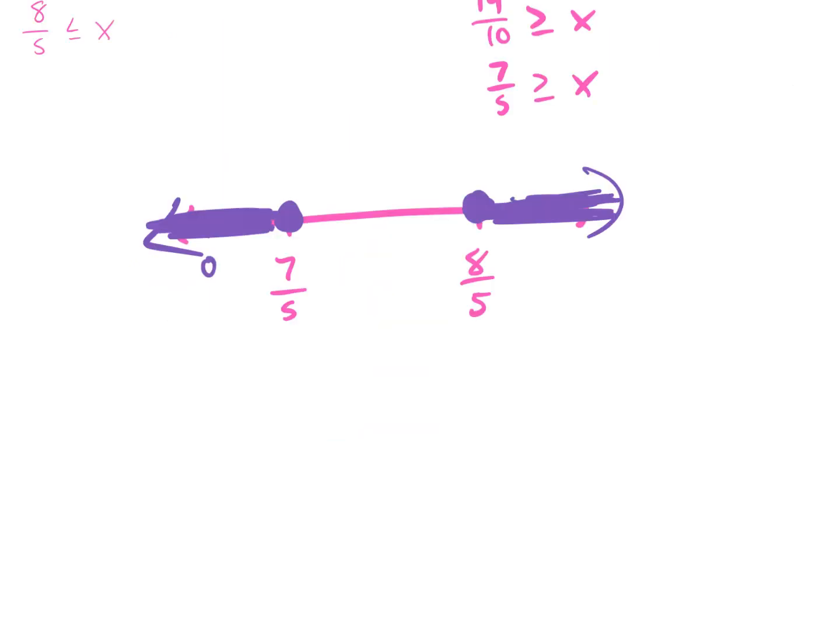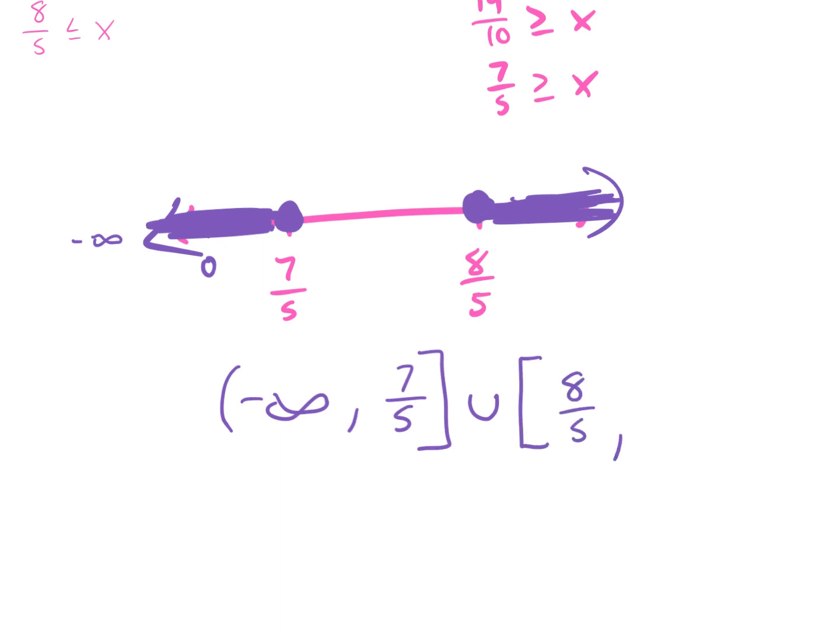Let's write our interval notation. So our arrow points in the left direction to what? Negative infinity. So our interval notation starts at negative infinity and goes to what? 7 over 5. Bracket or parentheses? Bracket. Then we put a union because we've got 2 parts. Where does it pick up again?